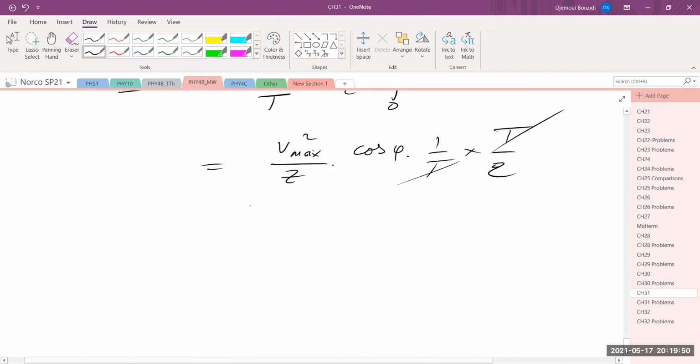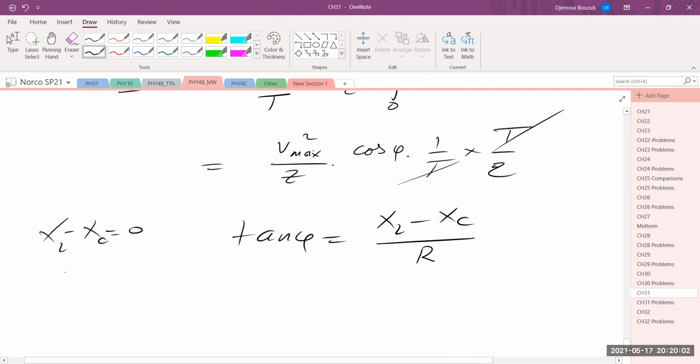Remember, tangent of phi is equal to XL minus XC over R. So when XL is equal to XC, namely the fact that omega prime is equal to omega naught, which is the resonance I mentioned before, this argument in here is 0, and the phi is actually going to be 0, and the whole circuit is in phase, okay? Phi is equal to 0 at resonance.